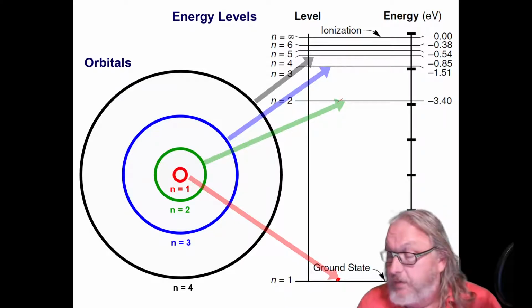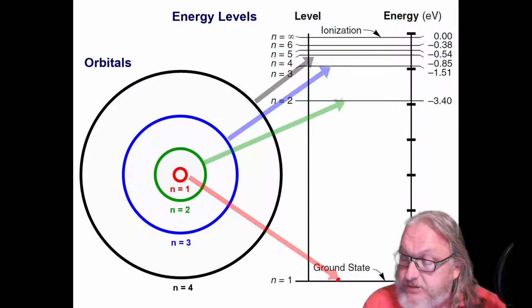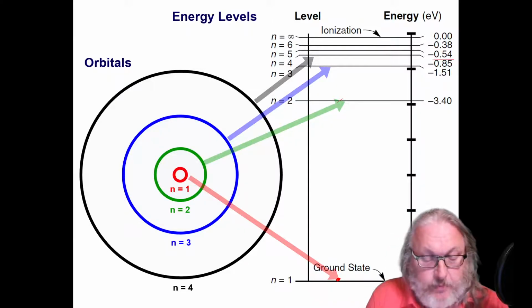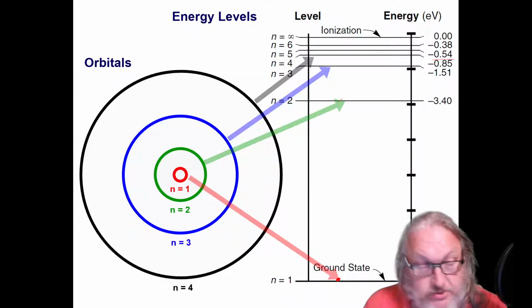At n sub 3, the third energy level, it's minus 1.51. At n sub 4, our fourth line, it's minus 0.85. And so on, and so forth.